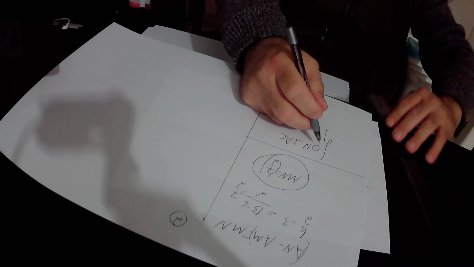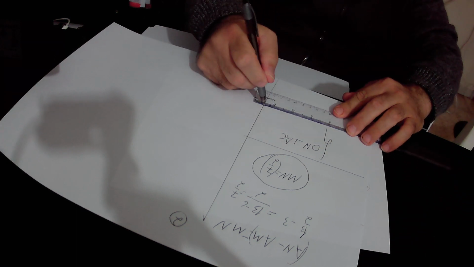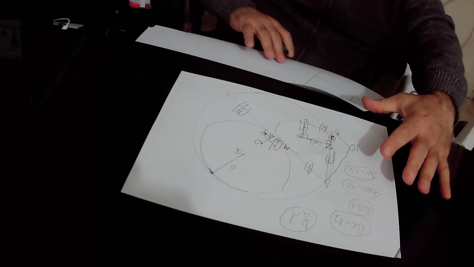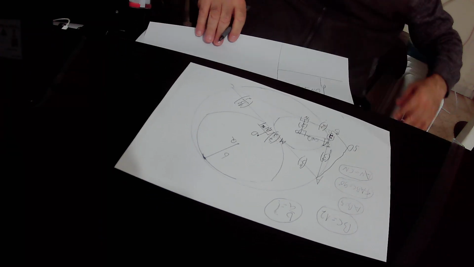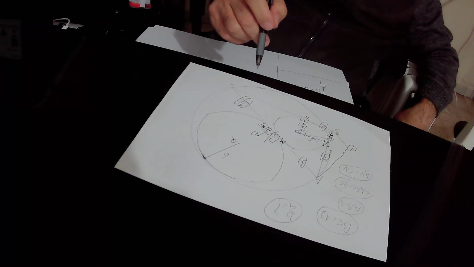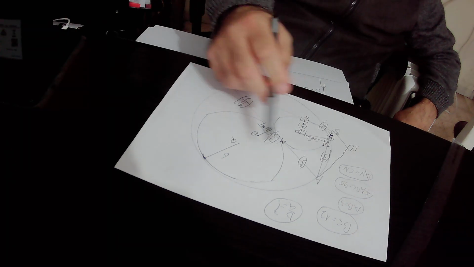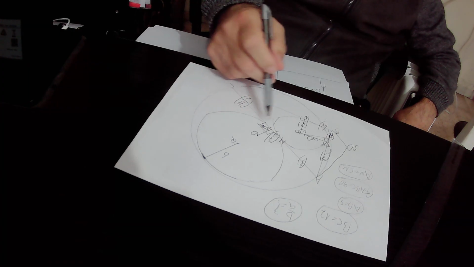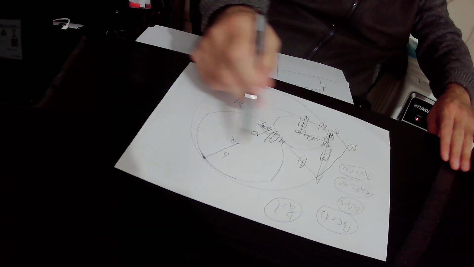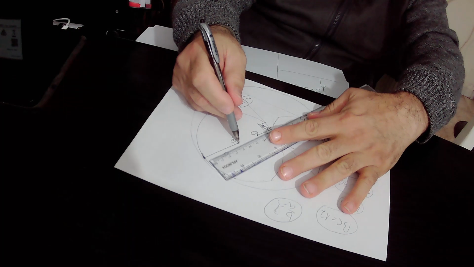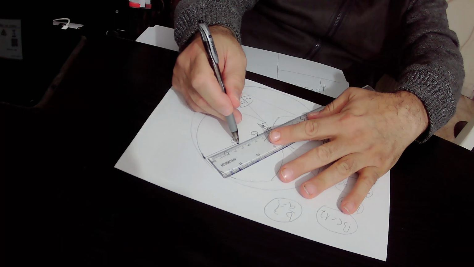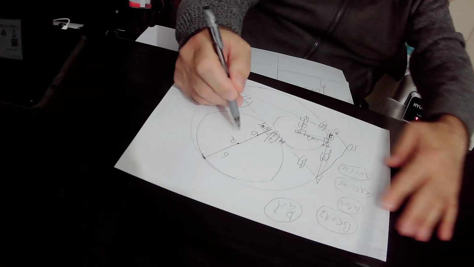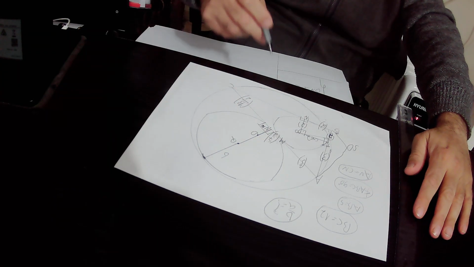In addition, we also know that point Q is the center of the circle, point N is a point on the circle itself, therefore QN is the radius of this circle.